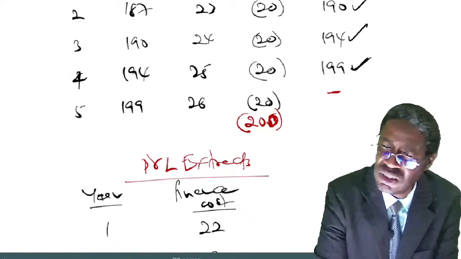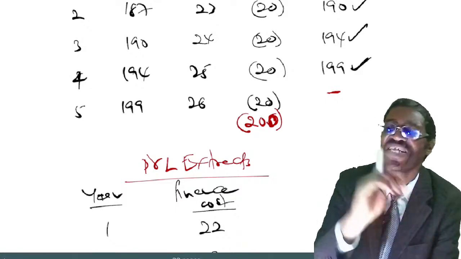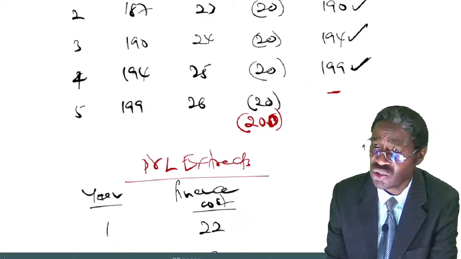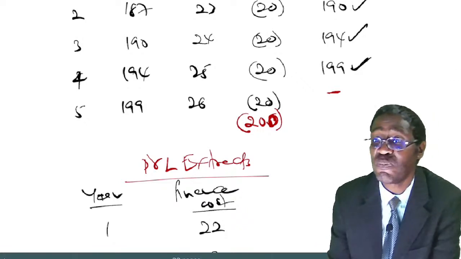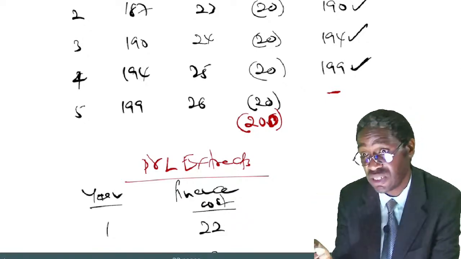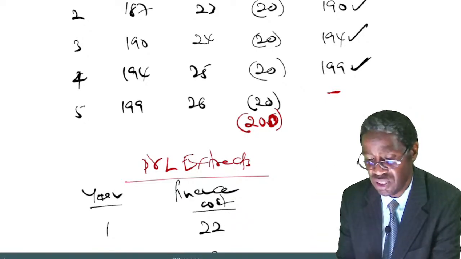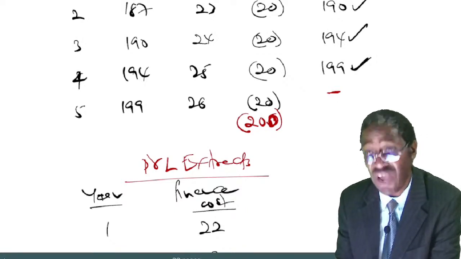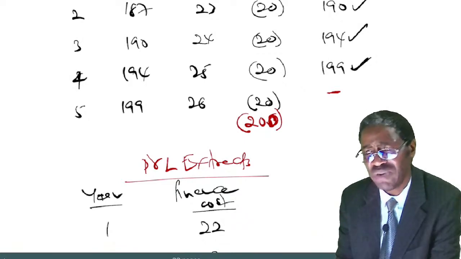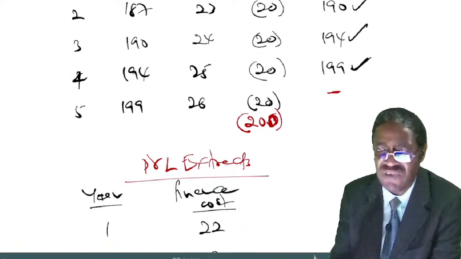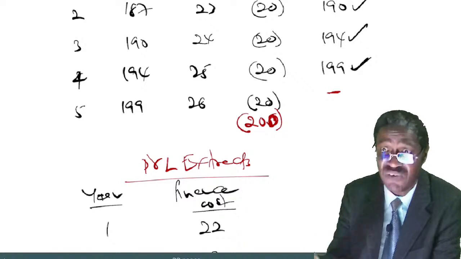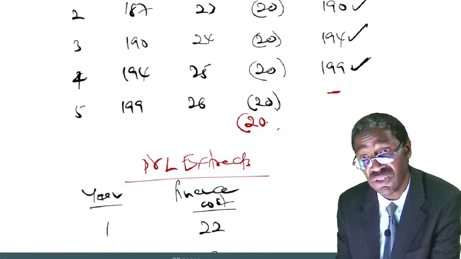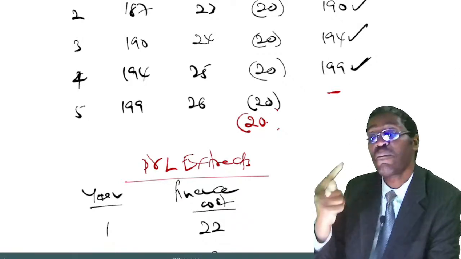Assume the question tells you you are redeeming it at a premium of 2.5%. I told you 2.5% is 5 million. Or the question might tell you that you are redeeming it at a premium of 5 million shillings, where they give you the amount. So over and above the nominal of 200 million, you add the extra premium.